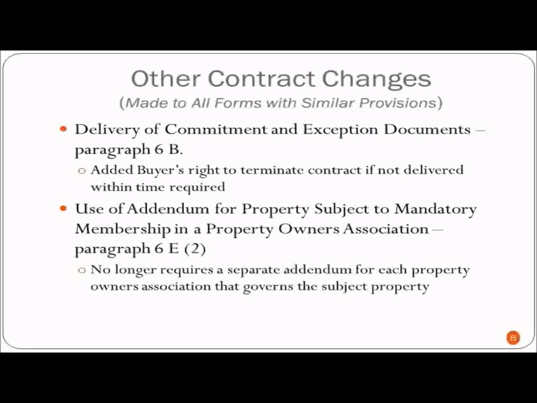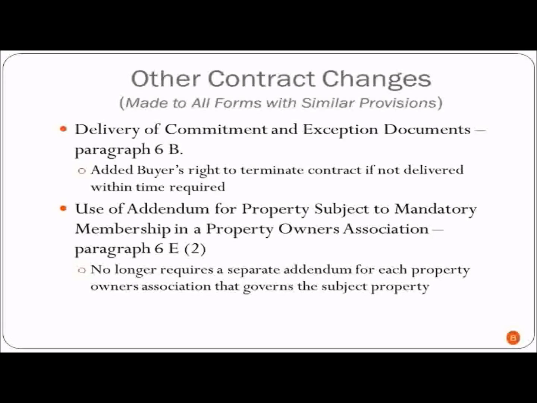And then it just left it blank. Our problem is what if the commitment was never delivered to the buyer? Yes, the seller was in default, but is that the remedy the buyer wanted to pursue, the default remedy? We felt that if the buyer doesn't get the commitment within the time specified, they shouldn't be required to enforce default remedies or hang on to the contract until they can't close.